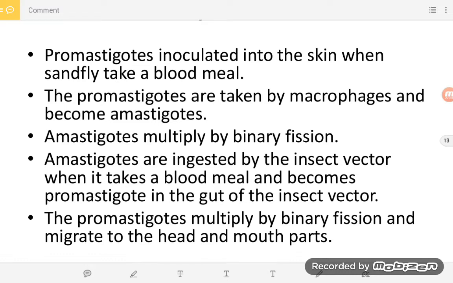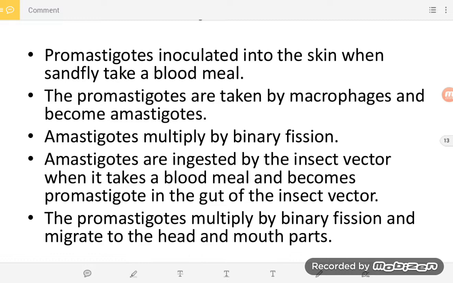Amastigote forms multiply by binary fission. So inside the macrophage cell they are multiplying, that means the number of amastigote forms increases. These amastigote forms are ingested by the insect vector when it takes a blood meal. So again, if the same fly or any other sandfly takes a blood meal, the macrophages containing amastigote forms will be ingested by the vector.